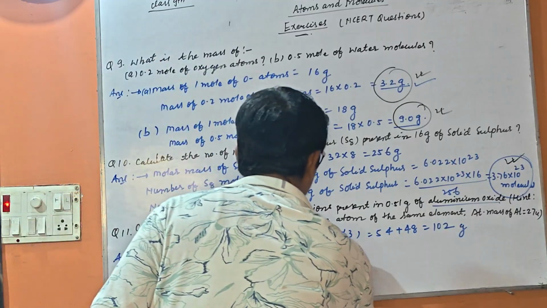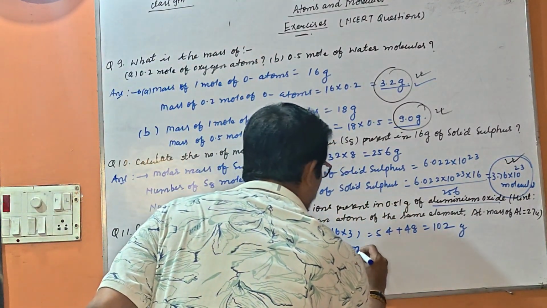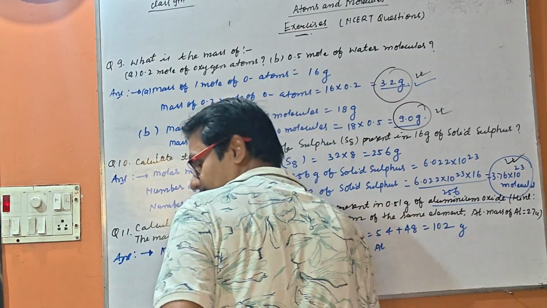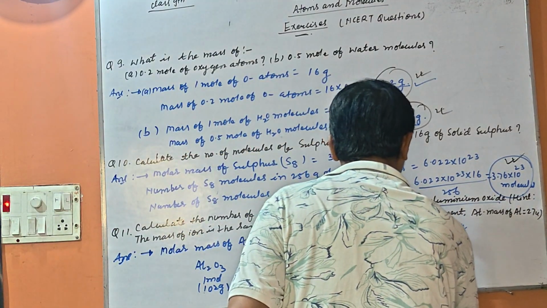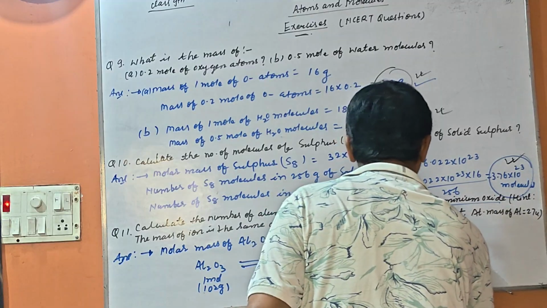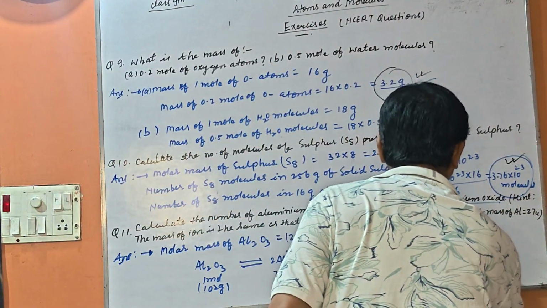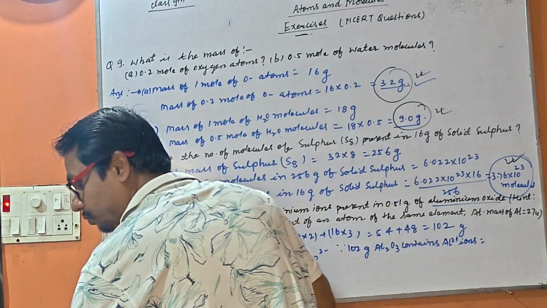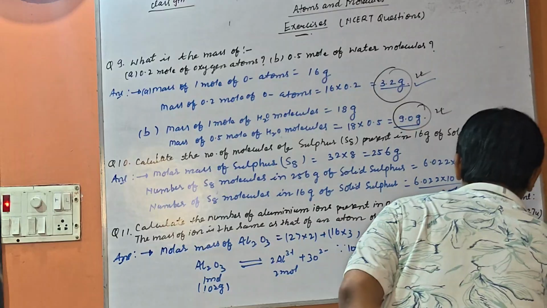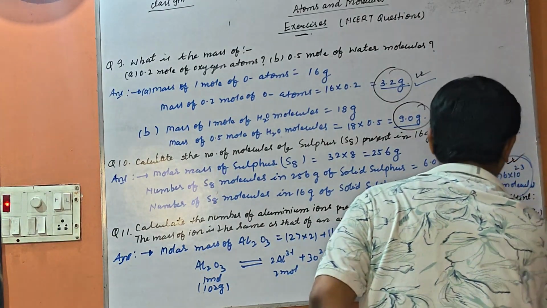Since 102 gram of Al2O3 contains Al3+ ions equal to 2 into 6.022 into 10 to the power 23.